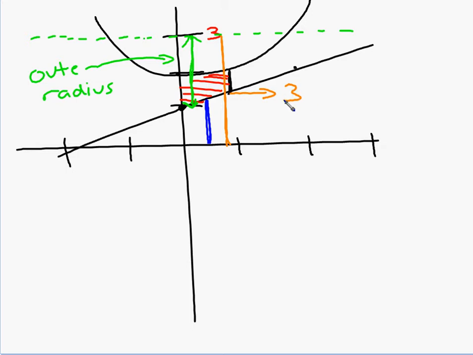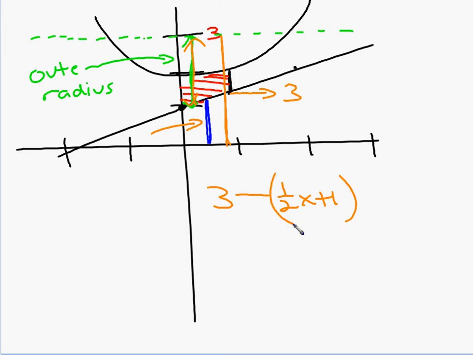So if I only want this, then I have to take 3 and subtract this blue. So we are subtracting that bottom function. What was the bottom function? 1/2 x plus 1.